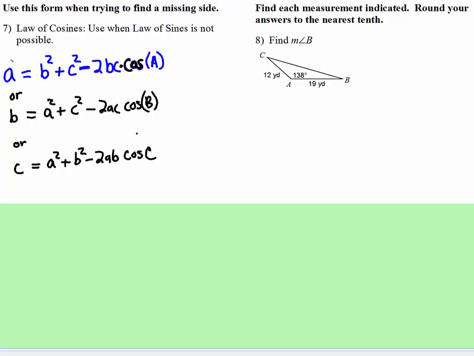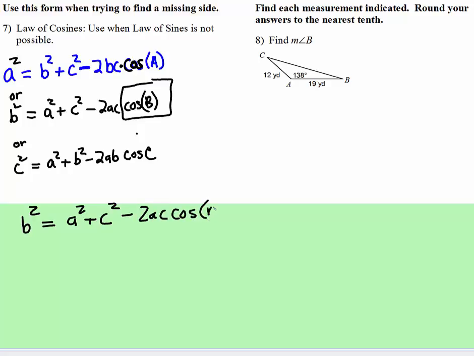Notice this method is for finding a side; if we want to find an angle, we need to get the cosine by itself. So I'm going to say b squared is equal to a squared plus c squared minus 2ac times the cosine of B, and use algebra to isolate it.